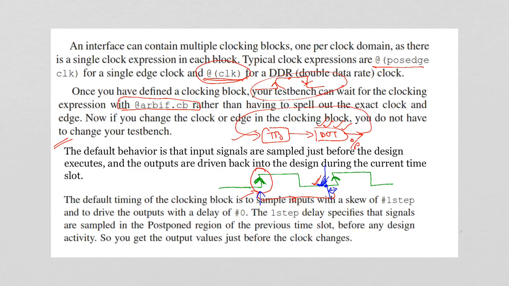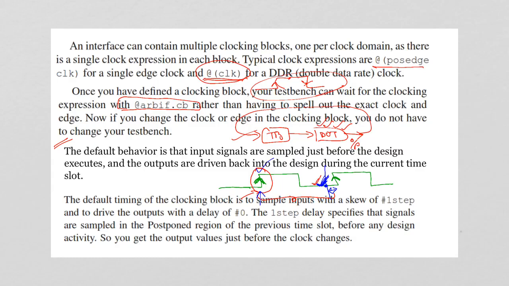So the default behavior is that input signals are sampled just before the design executes, and the outputs are driven back into the design during the current time slot. Current time slot means as late as just before the setup time of the next clock edge.